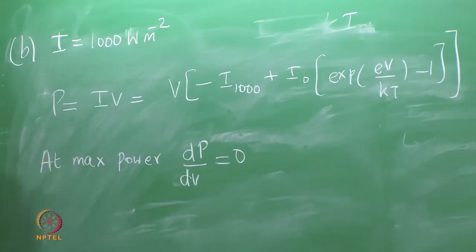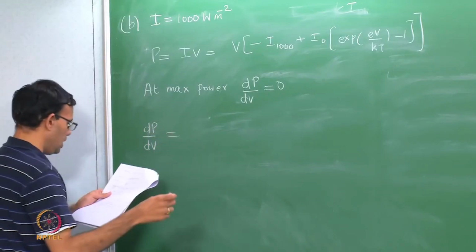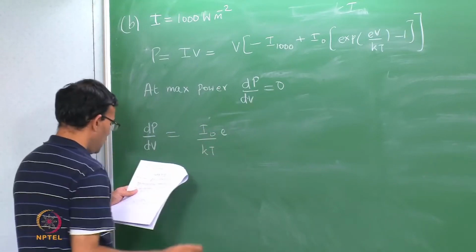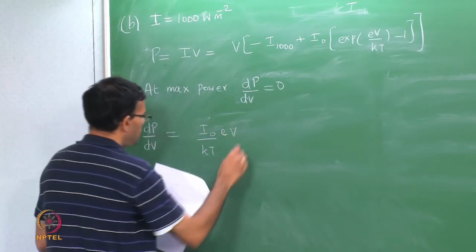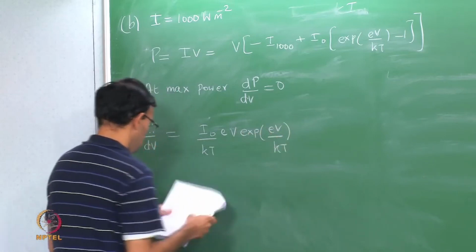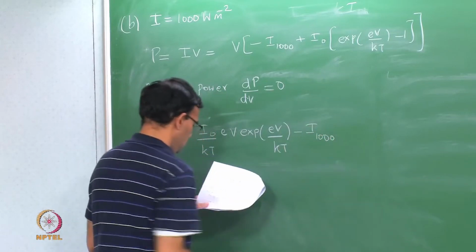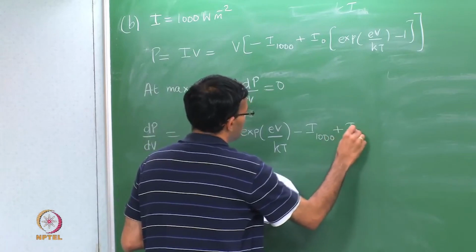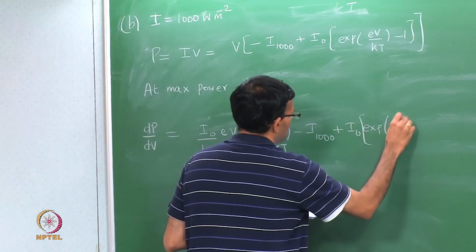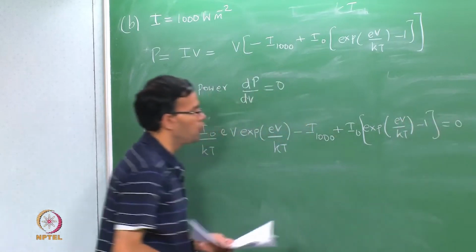So, we can differentiate this expression for P. So, dP over dV is given by I naught KT by E V times exponential EV over KT minus I 1000 plus I naught exponential EV over KT minus 1, this is equal to 0.